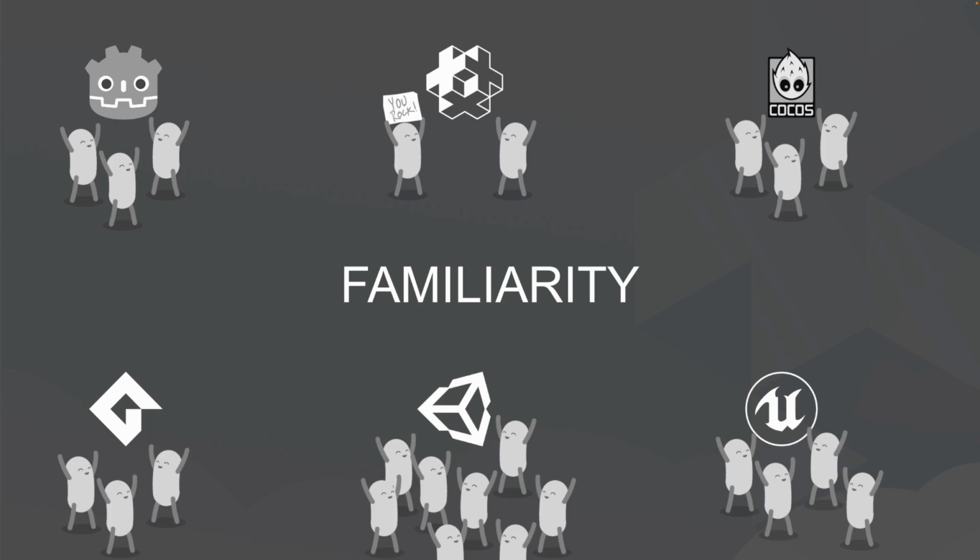Pick that game engine. You will have a lot of learning material and tutorials and a lot of people to ask. So that might be one way of choosing, but it's not necessarily the right way, because we've seen that Unity might not be the best choice for all kinds of games. So even though it's a popular game engine, you might not always choose it, because you will potentially have to port your game, especially if it's a web game.